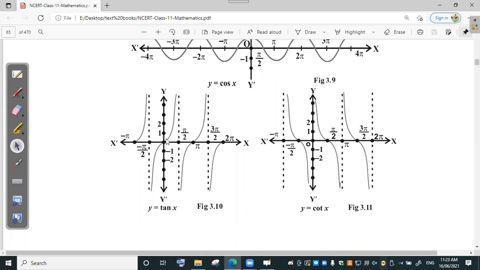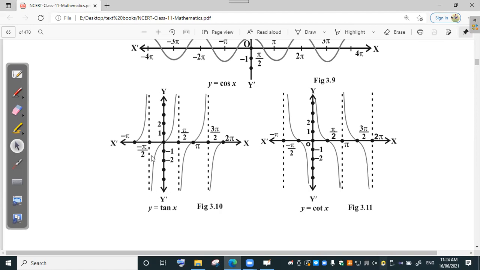Therefore, at 90 degrees this line will not intersect, because at 90 degrees it is infinity and at minus 90 degrees it is minus infinity. So the graph will be like this. It is not a continuous graph.